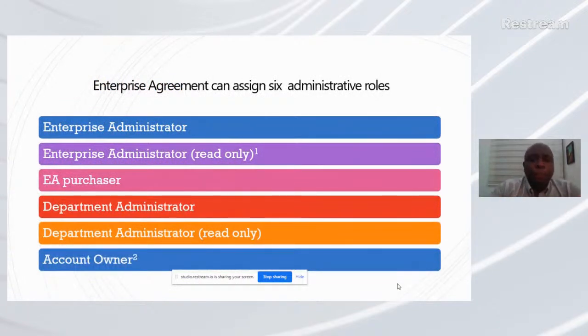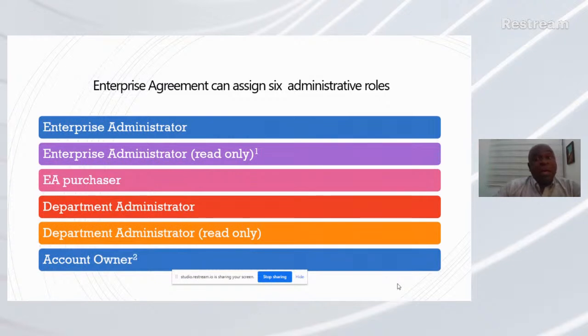Still speaking about permissions and roles, and who is supposed to be able to do what in Azure, enterprise agreements have six different roles. Like I mentioned earlier, only pay as you go and enterprise accounts can get these features.